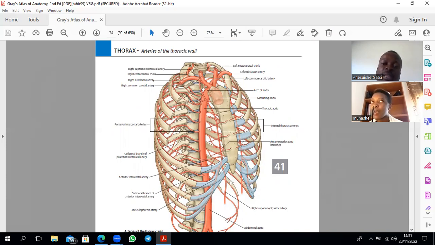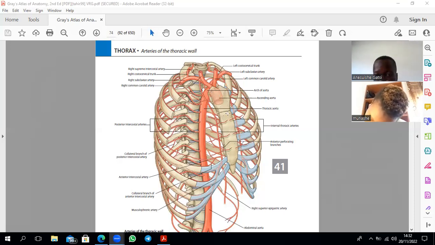The base is somehow posterior. It's also your posterior surface. So it's mostly the left atrium and the veins going into the left atrium, which are your pulmonary veins. There's a very small part of the right atrium, but it's mostly left atrium.